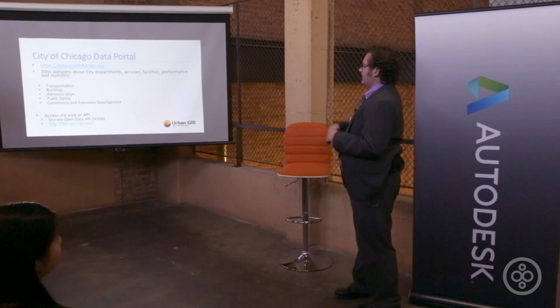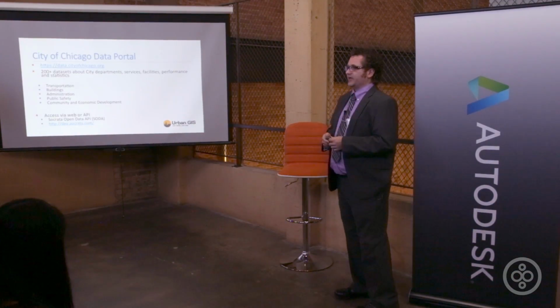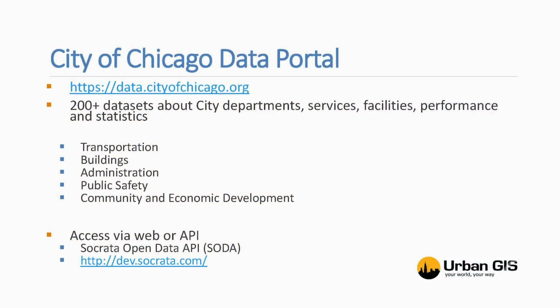All right, the City of Chicago actually is not alone, but is fairly unique in the volume of data that they make available publicly. And it's open data. It's free to use, incorporate.